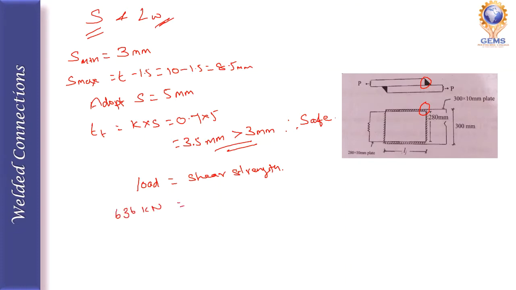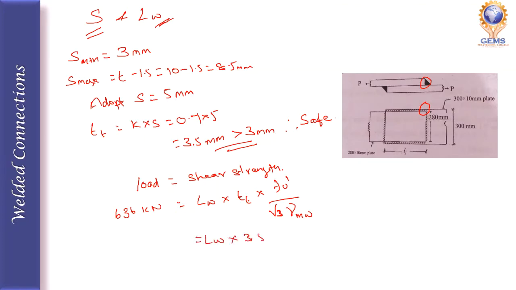How can we find the shear strength in the limit state method? The formula is Lw into Tt into Fu dash divided by root 3 of gamma mw.